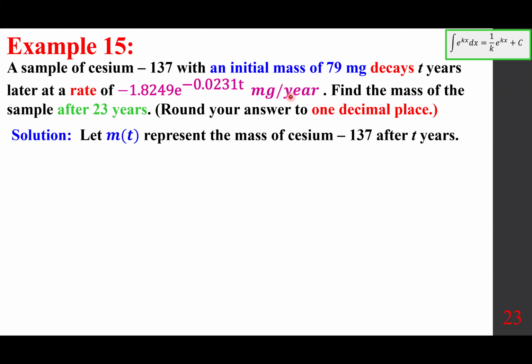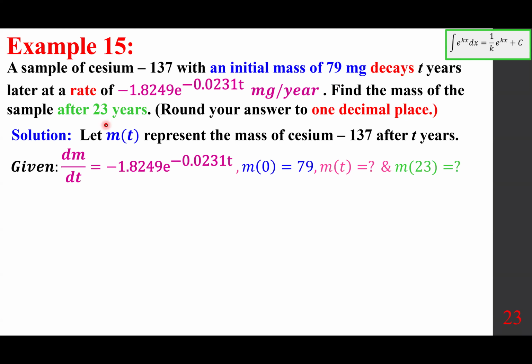So this is dm/dt, and this is the initial value m of 0. So we're going to go through the process to find m of t, and then m of 23. So that is the step. Number 1, this is the dm/dt. Number 2, the initial value m of 0 is 79. We use the formula to find m of t and then m of 23.